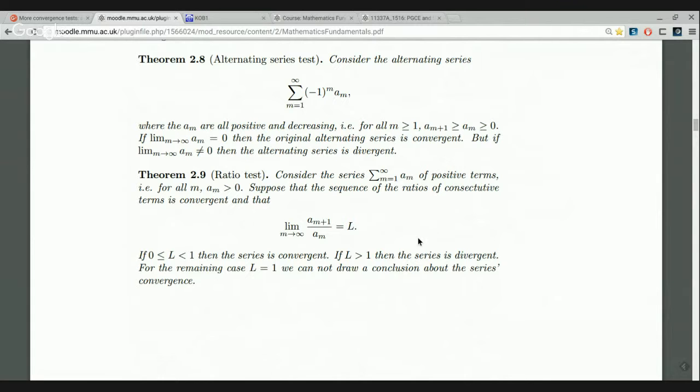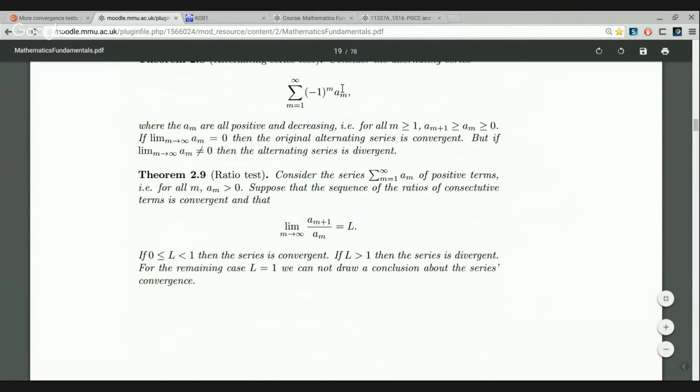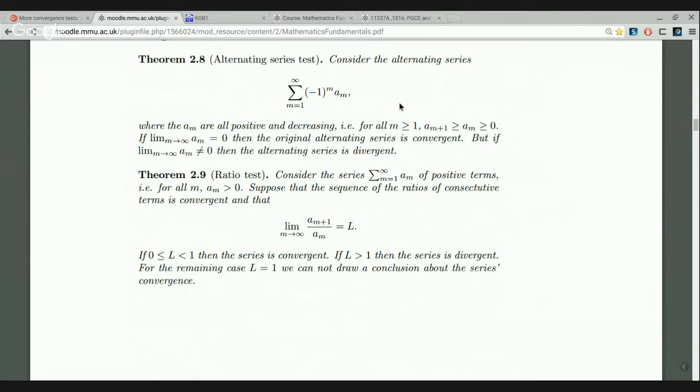So you have a positive term followed by a negative term, followed by a positive term, followed by a negative term, etc. Now that is normally observable in the formula for the term of the series because of the presence of minus 1 to the power of, well, in here it's written to the power of m, although the power on the minus 1 could be some other kind of simple function of the summation index.